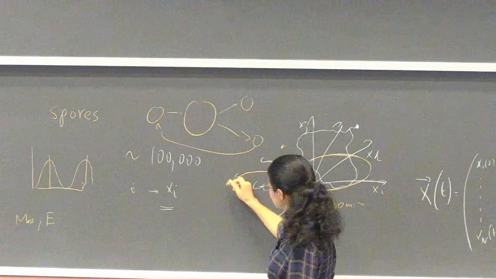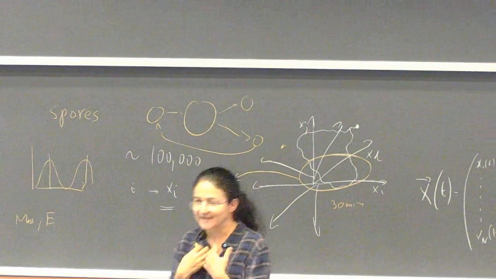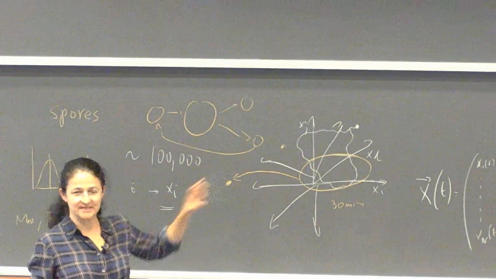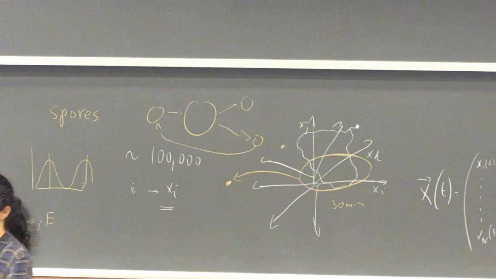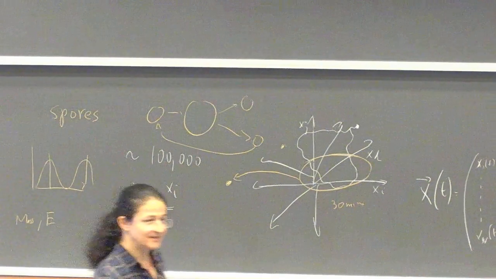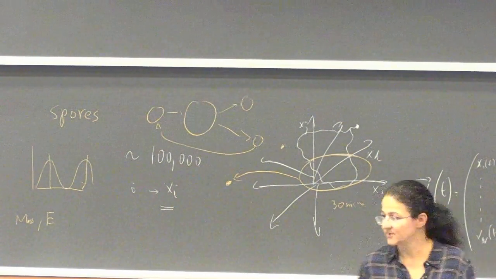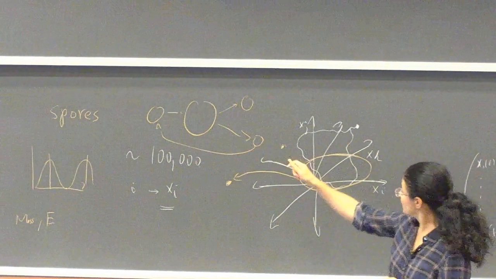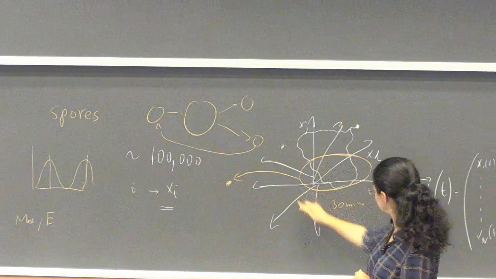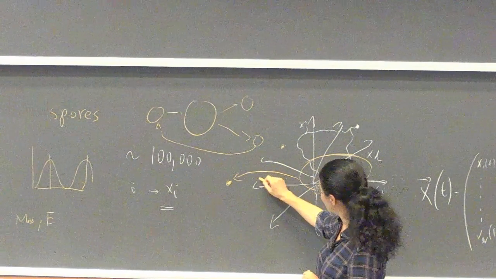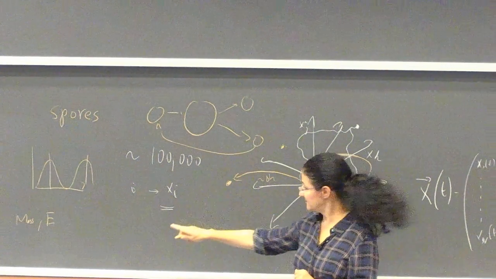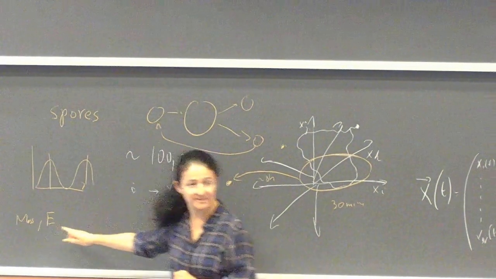And I have to say that all this picture of limit cycles and attractors is still open and controversial, but this is what we think when we think about states of cells. So these spores are far away from this, and despite the fact that the cycle itself takes 30 minutes, it takes about 8 hours to go from here to here when the mass and the energy are depleted.